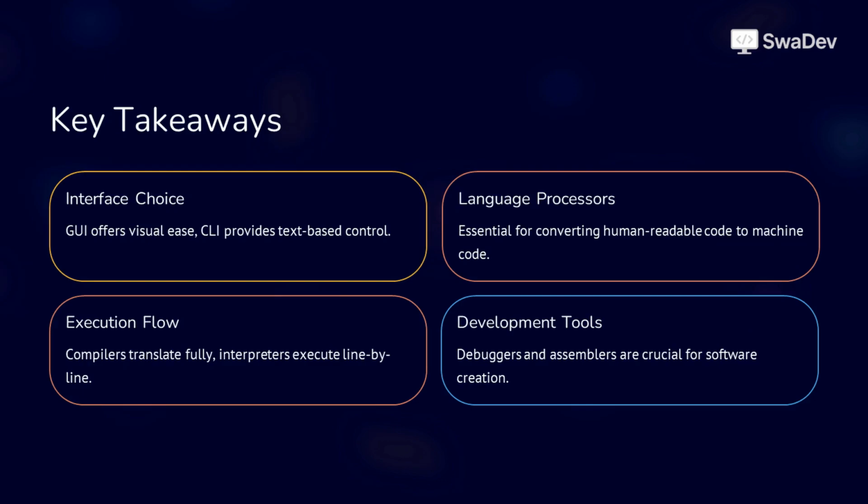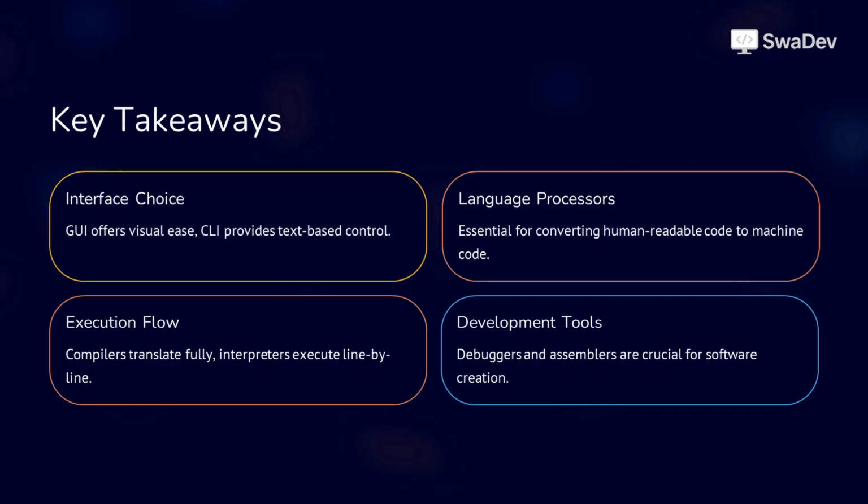Here we come to the end of the lesson. Our key takeaways in this lesson start with interface choice. Under this, we learned what GUI and CLI are. Then we learned about computer programs, computer software and language processors, and how essential they are for converting human readable code to machine code.